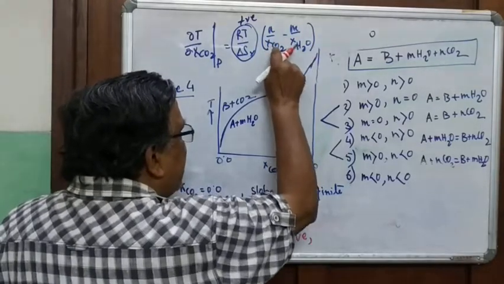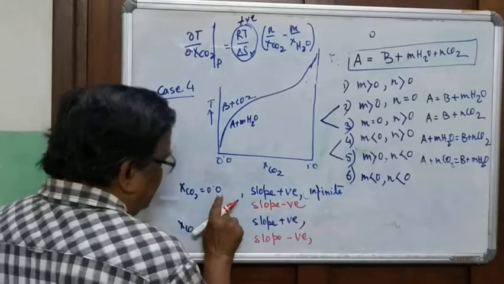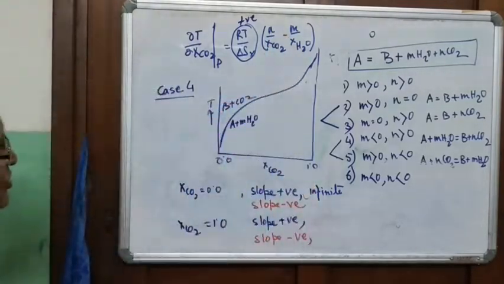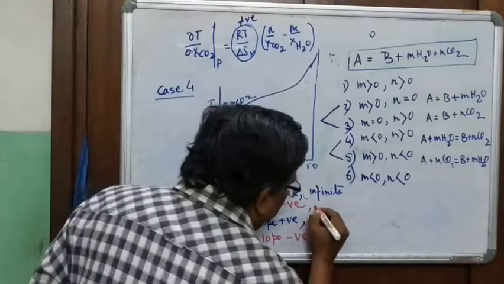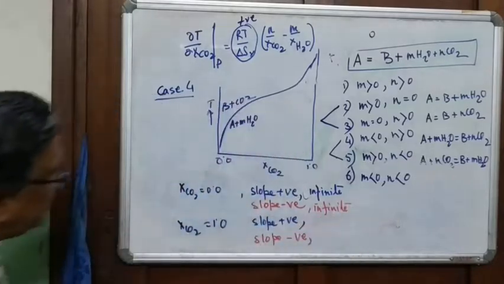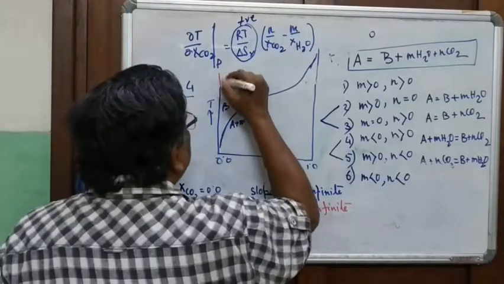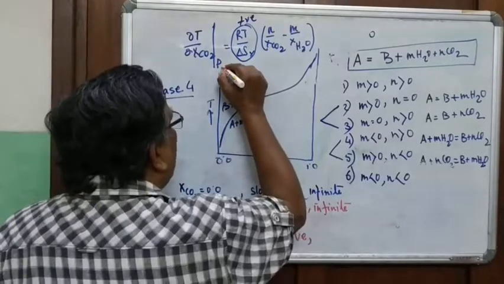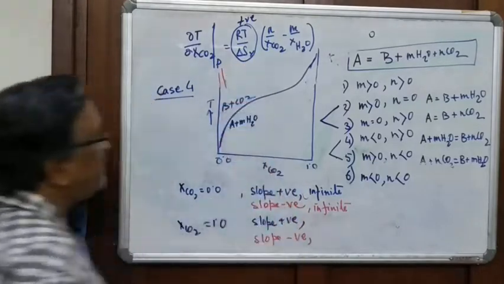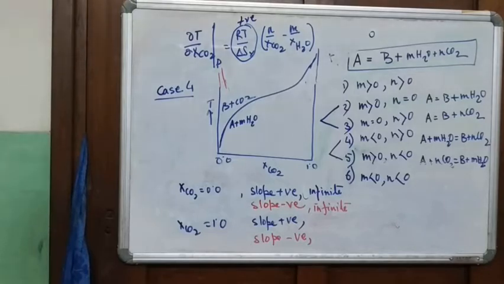But n by XCO2, with XCO2 tending to 0, will be a very large value. So what you will have is an infinite slope, which means your slope at XCO2 equal to 0 should be infinite. Right? It will be infinite.